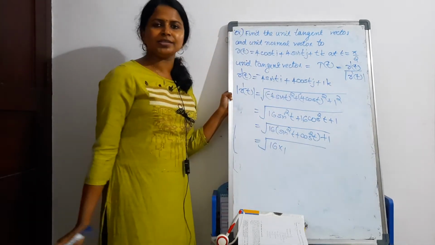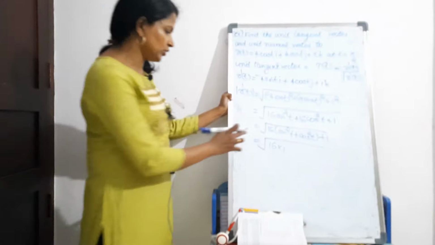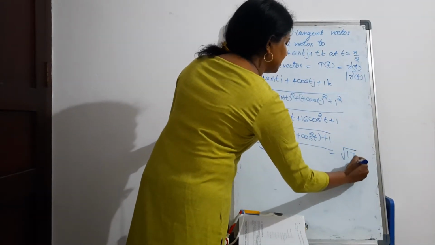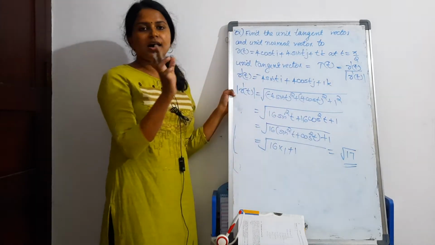Sin square theta plus cos square theta is equal to 1. So 16 into 1 plus 1, which is root 17. This is mod r dash t.